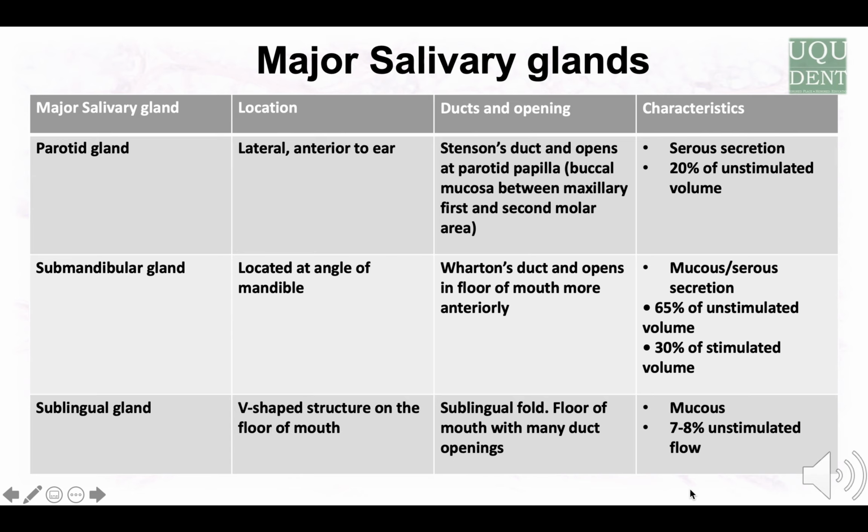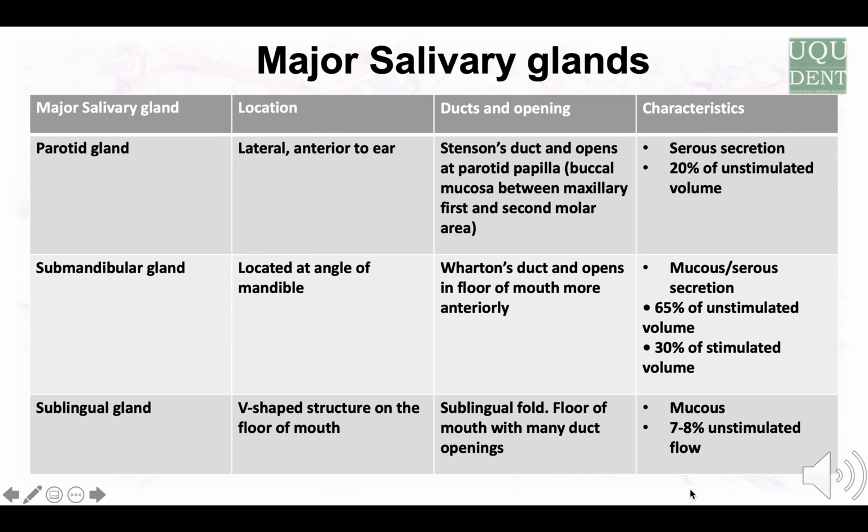The characteristic of the parotid gland. The saliva secreted by the parotid gland, it is a serous secretion, and it contains 20% of unstimulated volume. The salivary secretion of the submandibular gland, it is mixed mucus and serous secretion.